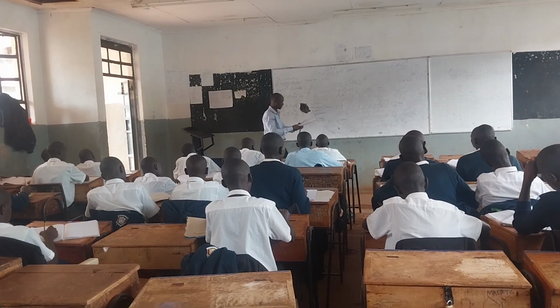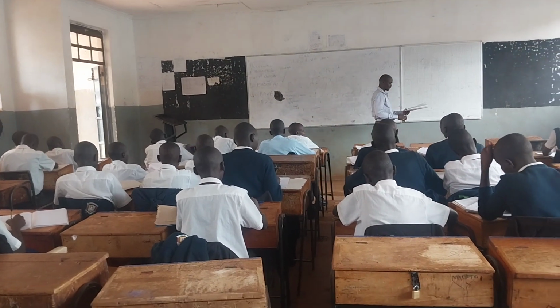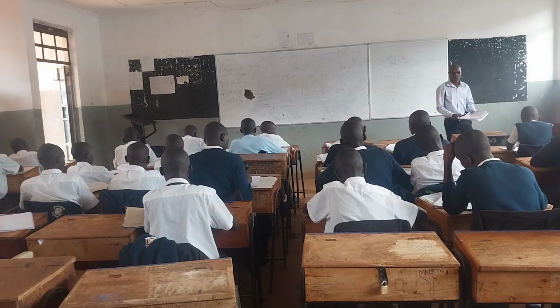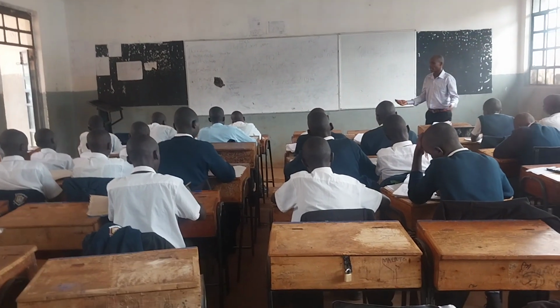Who will come and do that? Raise your hand. The thickness is the volume all over area. We have the volume and we have our area. Who will come and do that?